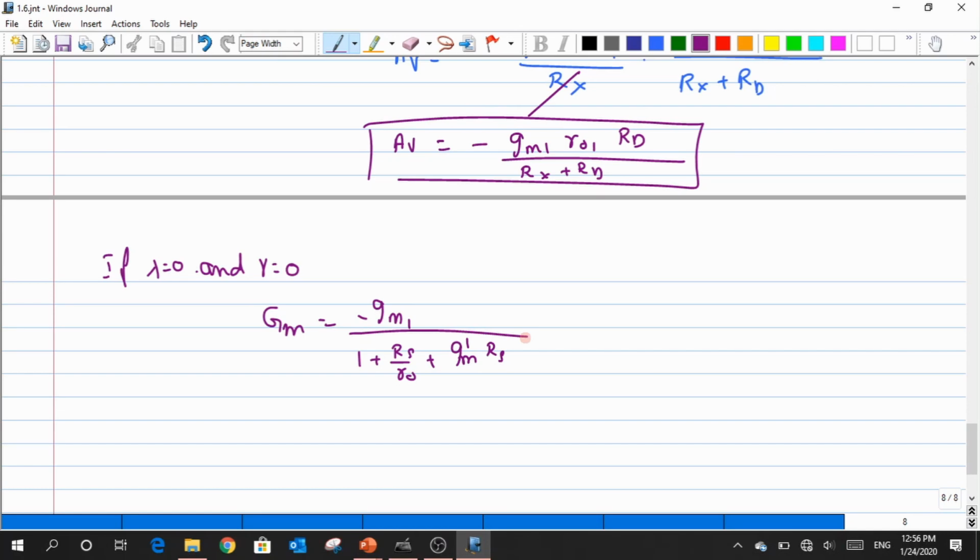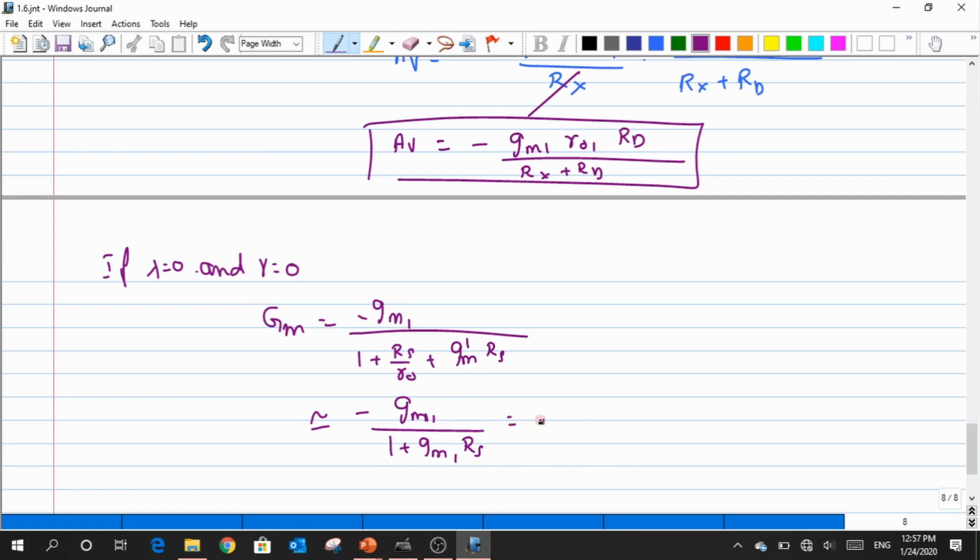So what would happen to this expression? What happens with this term? That becomes 0 just because we have a quantity divided by an infinity, so this goes to 0. And what is left over is just this formula, which is GM1 divided by 1 plus GM1 times RS, right?